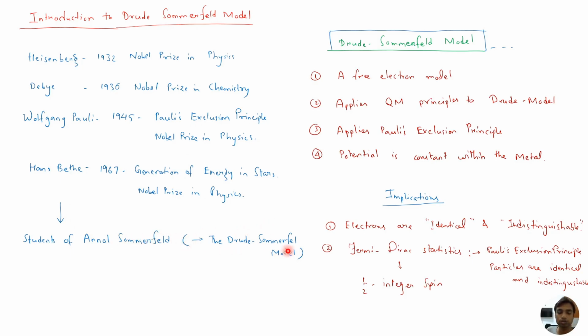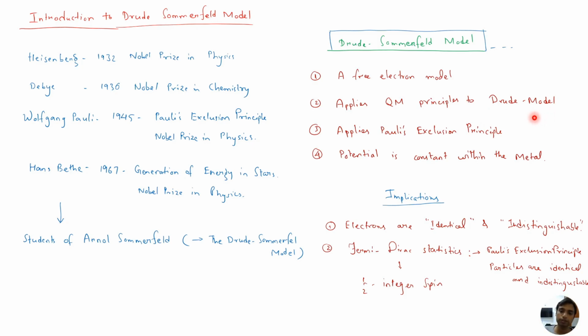He was the one who incorporated the quantum principles into the Drude model. He also assumed the free electron picture of the electrons in a metal, but now he applied quantum mechanical principles to the Drude model.